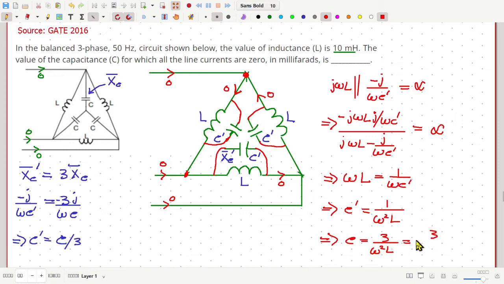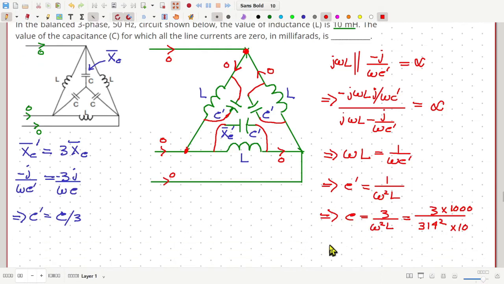Now the value of omega is approximately 314 because the frequency is 50 Hertz. So 314 squared, and L is 10 milli, so multiplied by 10 and 1000 here. This is the value of the capacitor. Okay, and this is in farad because all quantities are in SI units.